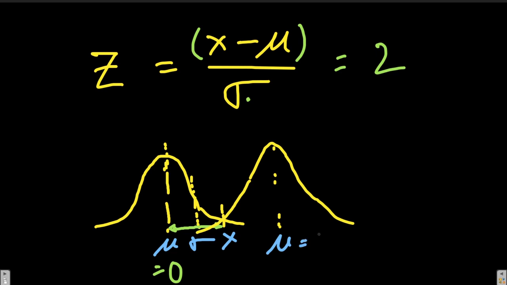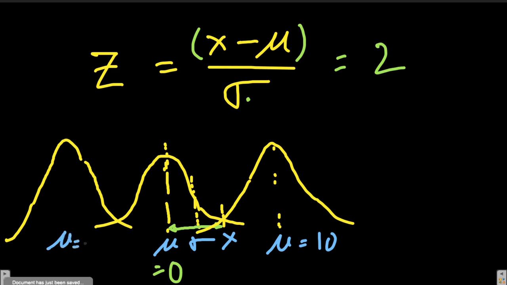And I can also shift it towards the left. Let's say mu is equal to minus 10, and it will shift to the left. The normal distribution would be symmetrical around mu. This is how we can construe the shift of the normal distribution if we change the value of mu.